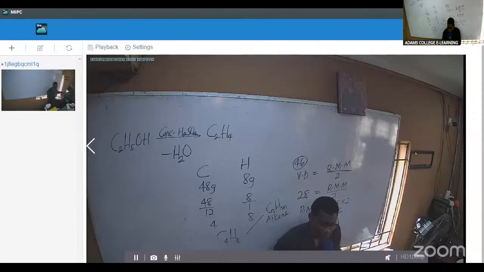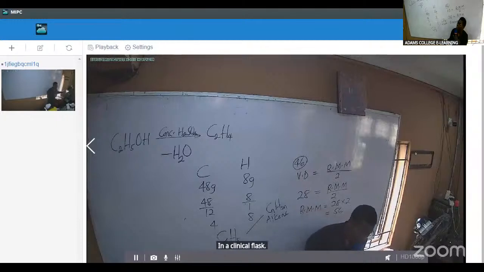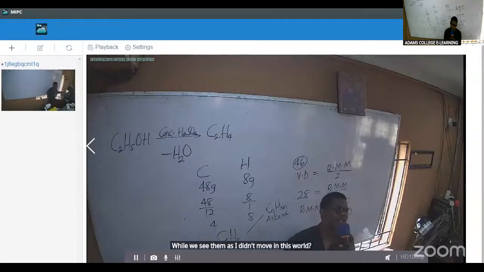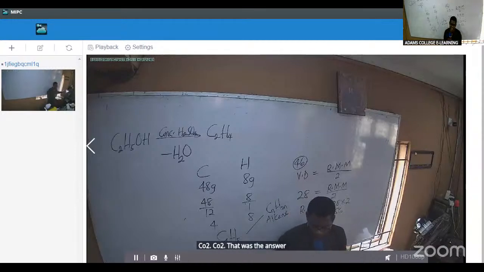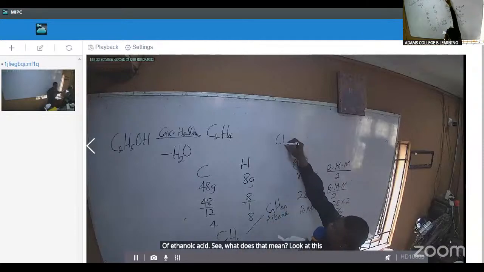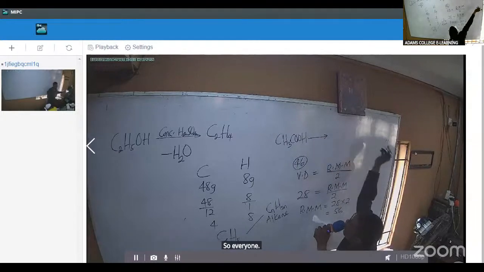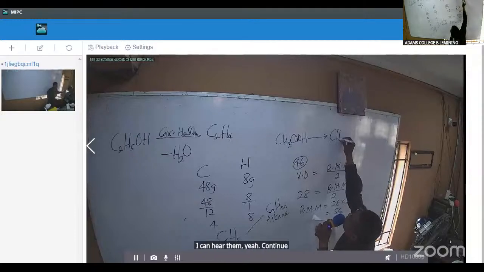The caustic soda solution in a conical flask serves to do what? What is caustic soda? Sodium hydroxide. What will sodium hydroxide remove in this one? CO2. That's the answer, B. Mr. Adams, where is CO2 coming from? From decarboxylation of ethanoic acid. Look at this, you can ask in the exam. This is CH4 plus CO2.